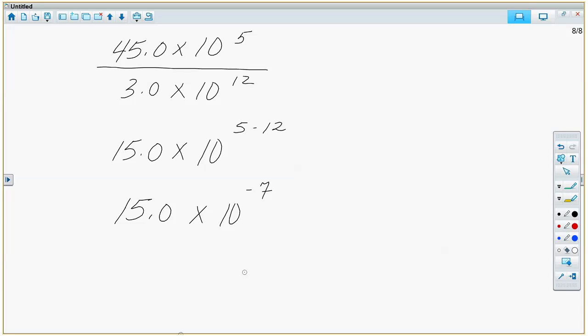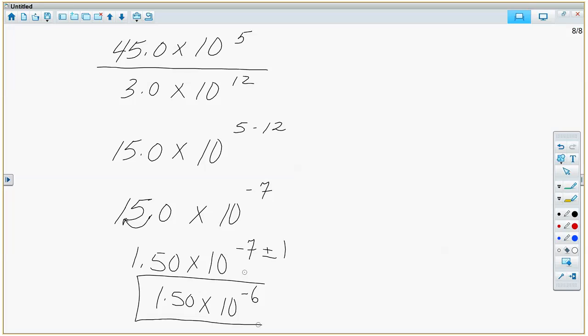Okay, so we need to move this one place. -7 blank 1. Which way do we move this in our head to get it back the way it was? So 1.5 times 10 to the negative what? 6.